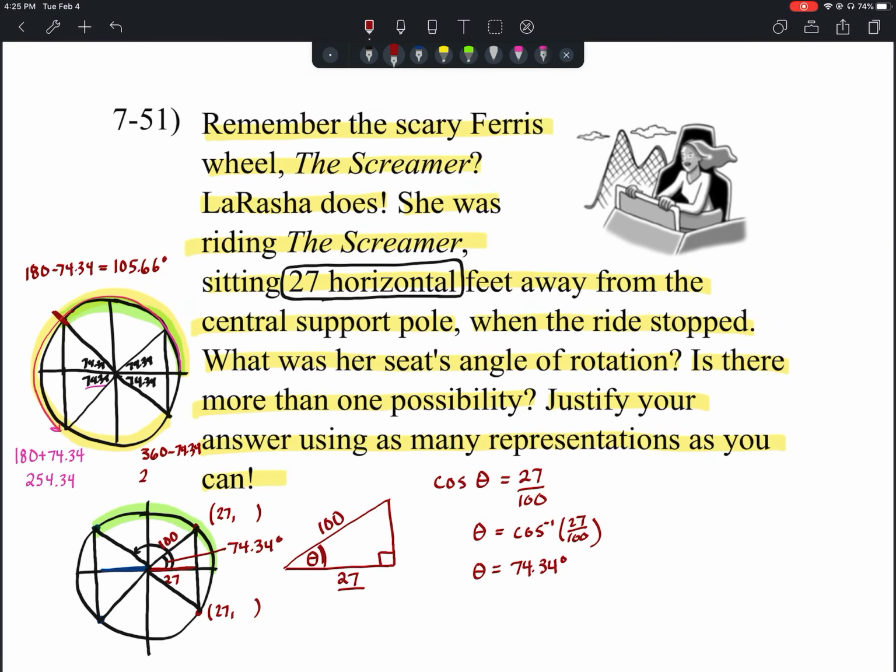So 285.66 degrees. What were her possible angles of rotation there? There is more than one possibility.